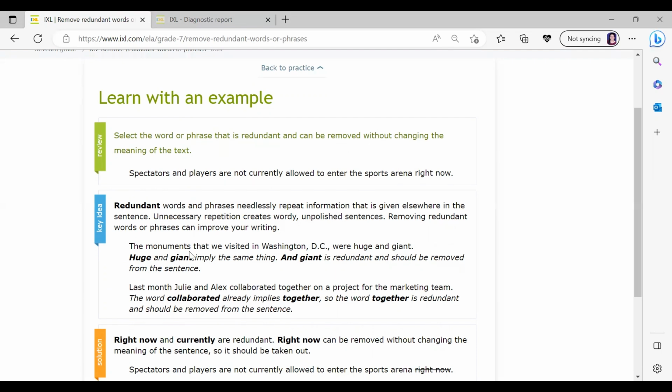The monuments that we visited in Washington, D.C. were huge and giant. Huge and giant imply the same thing, and giant is redundant and should be removed from the sentence. Last month, Julie and Alex collaborated together on a project for the marketing team. The word collaborated already implies together, so the word together is redundant and should be removed from the sentence.